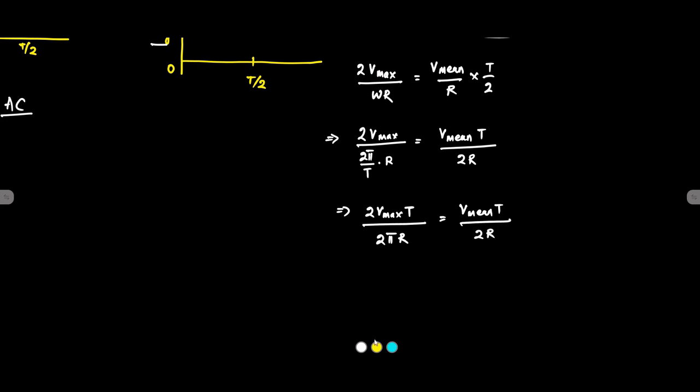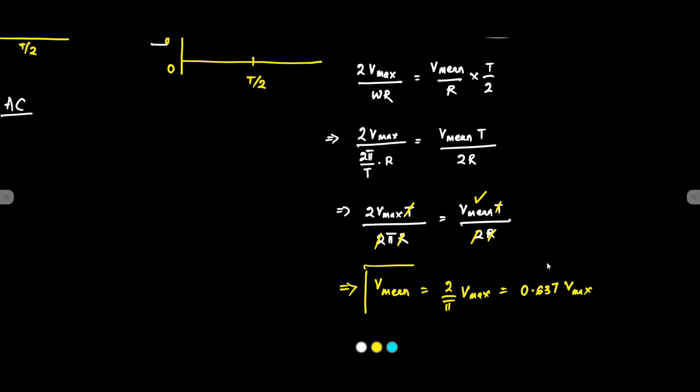So here we'll cancel out T, 2, R. That implies V mean is equal to 2 by pi V max, which is equal to 0.637 V max.